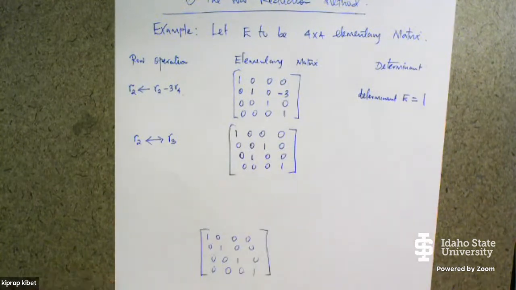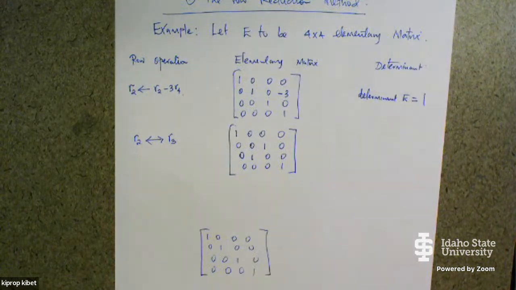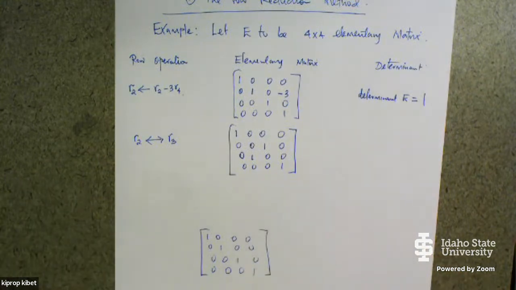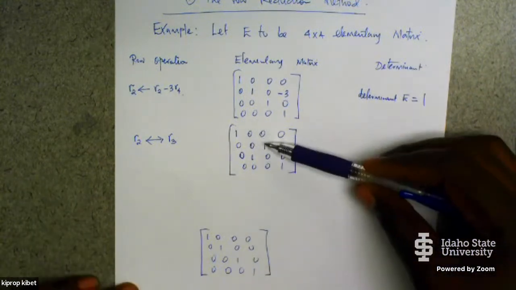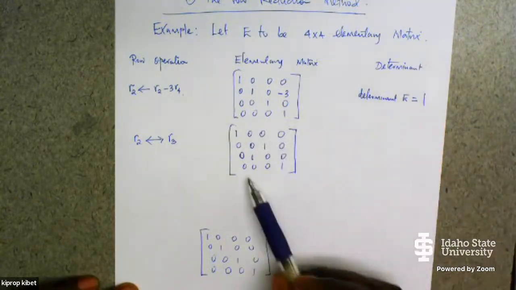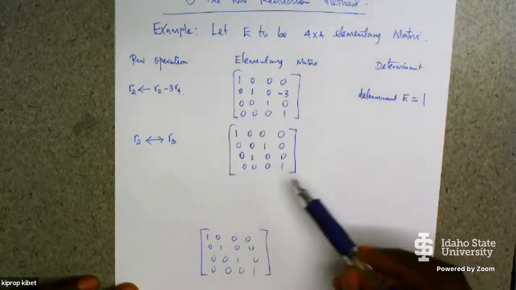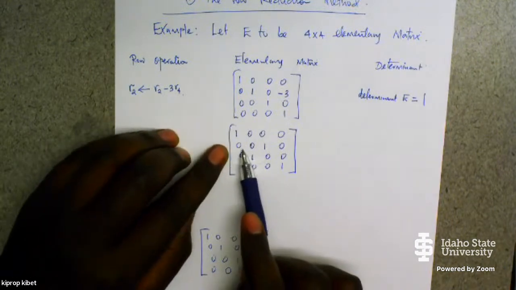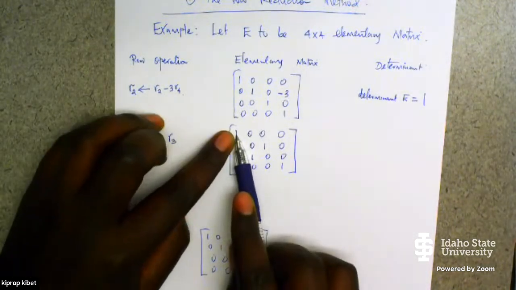What is our determinant? We cannot use the diagonal because it's not an upper triangular matrix, so we can use the cofactor expansion.